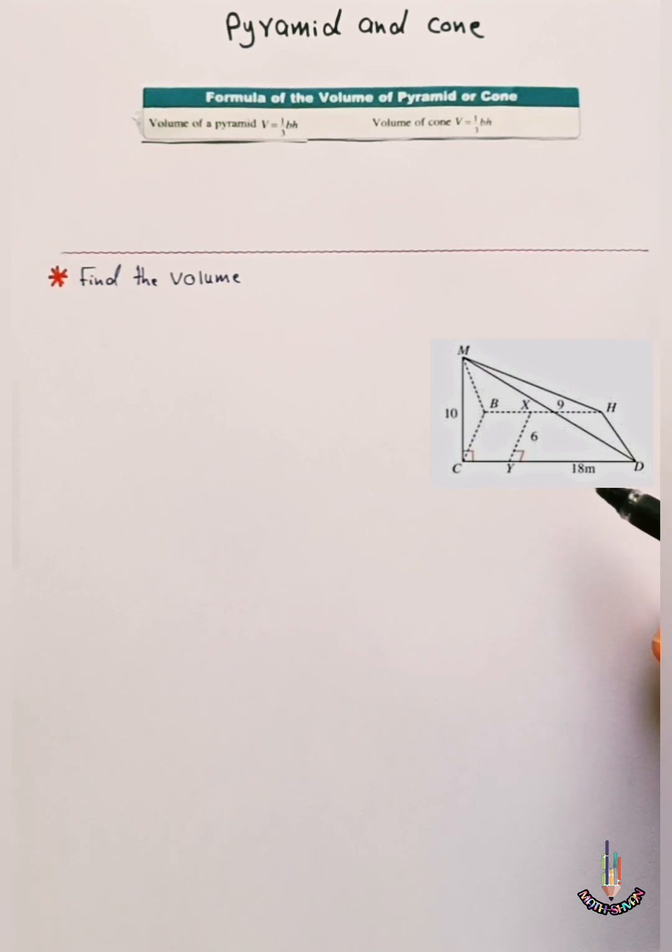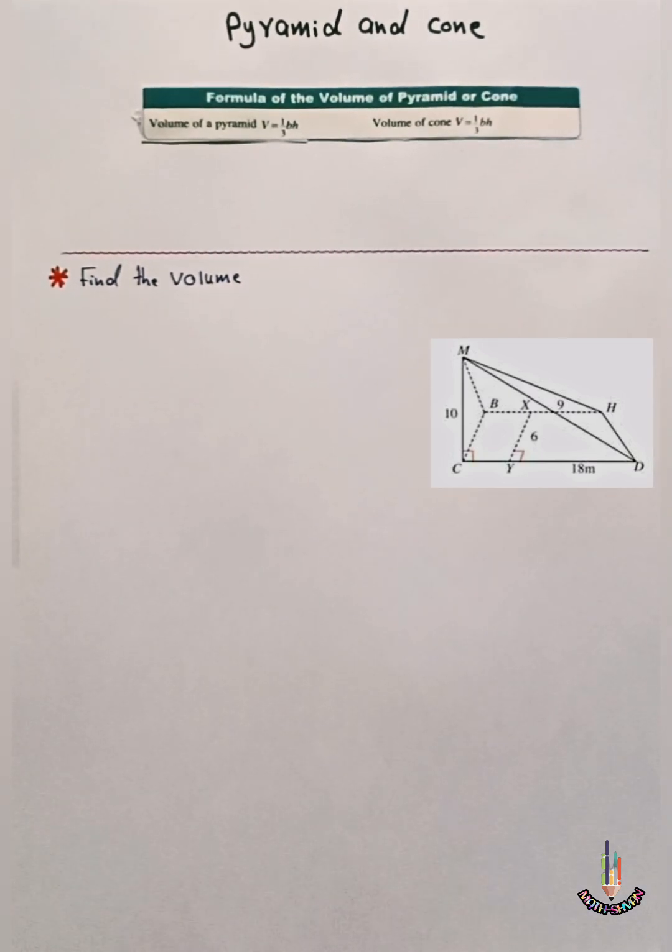And then DC is 18 meter, and the height of the trapezoid is 6 meter. We have to find the volume of the pyramid.